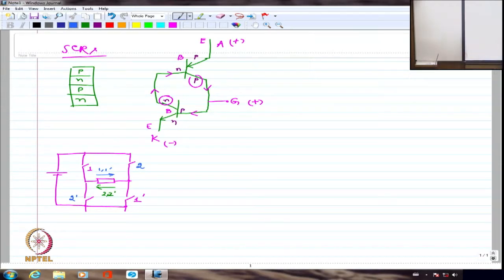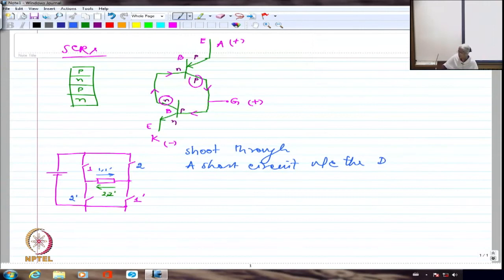So extremely large currents are going to flow in case I am not able to turn off 1 and 1 dash and I have turned on 2 and 2 dash. That kind of a condition is generally known as shoot through. In an inverter, we call that condition shoot through, in which case I am essentially going to have a short circuit right across the supply.